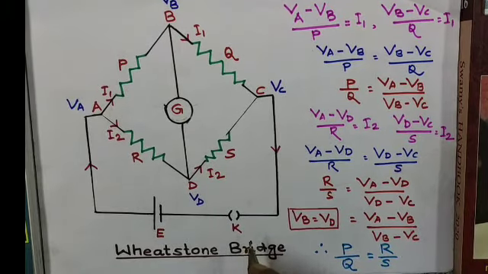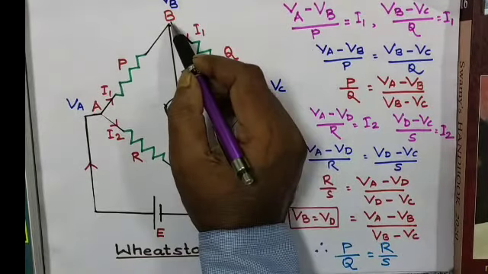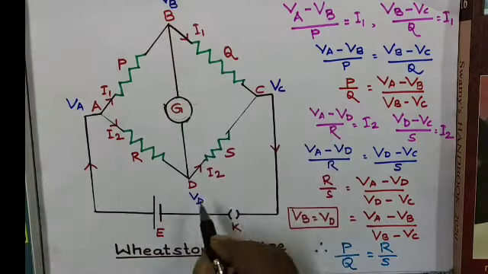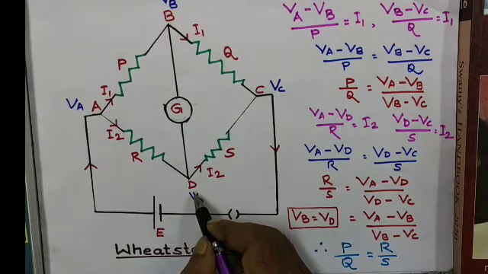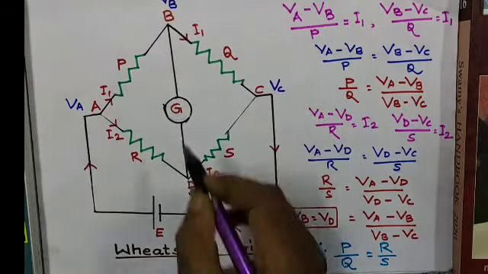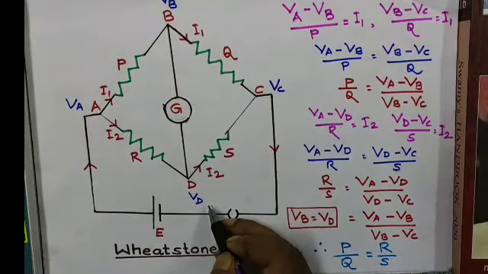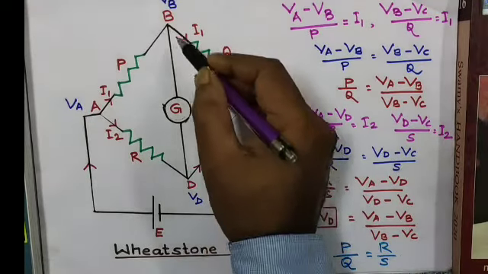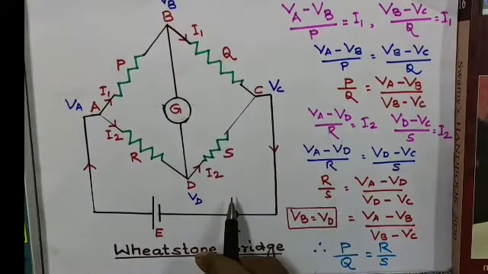Now, if the potential of point B and the potential of point D are the same, that means if VB and VD are the same, then no electricity will flow through the galvanometer.